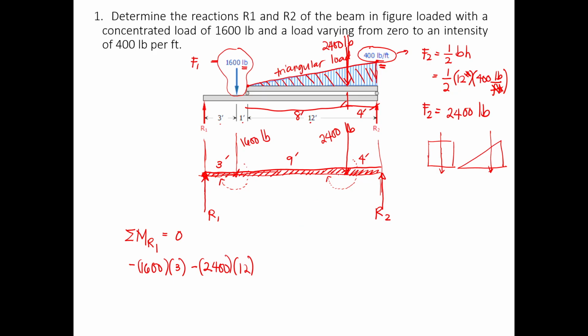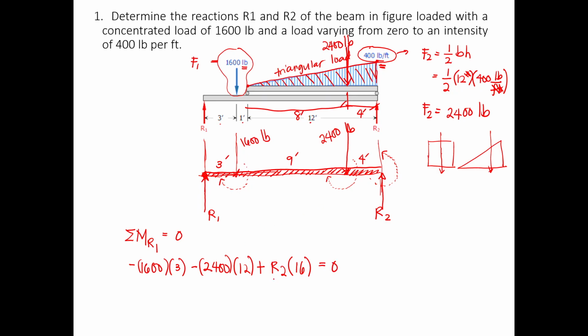And then lastly is your R2. Notice that R2 is going to create a counterclockwise rotation, and the distance going towards reaction 2 is 16. So plus R2, the unknown, times the distance 16 equals 0.